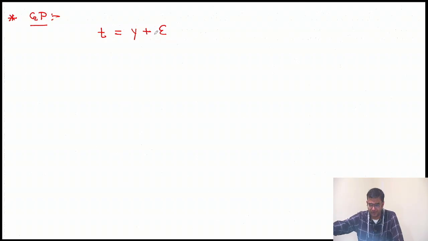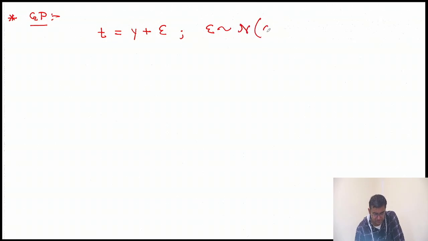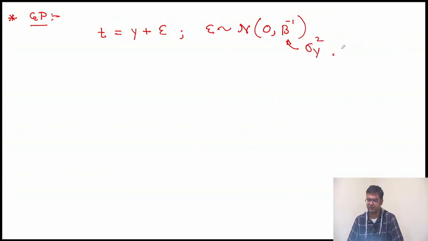Epsilon is the noise, the process noise, or the model discrepancy. And this you can model as zero mean, beta inverse, where beta inverse is your sigma y, right? Nothing new. We already discussed this last time.